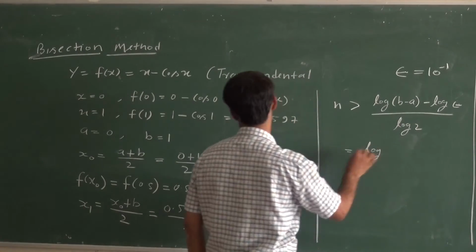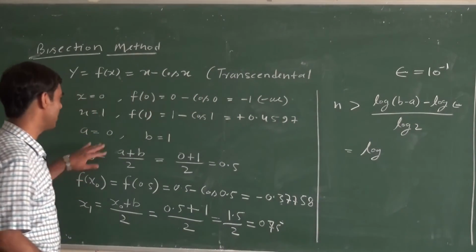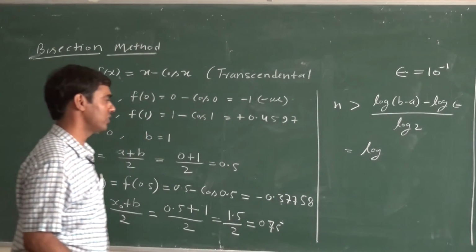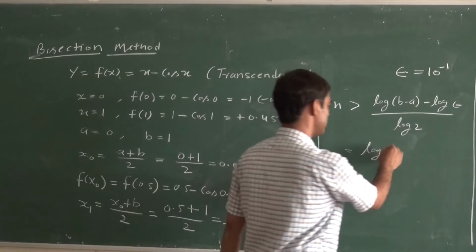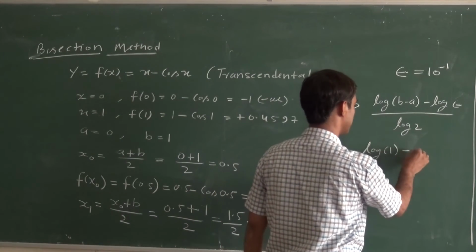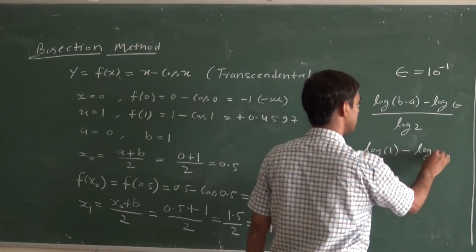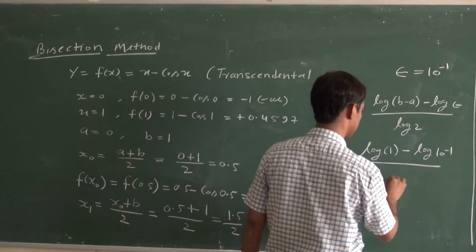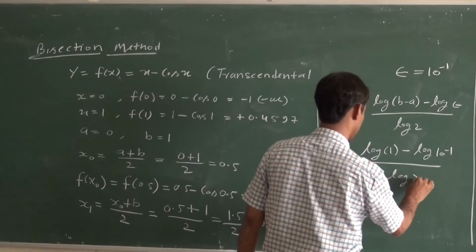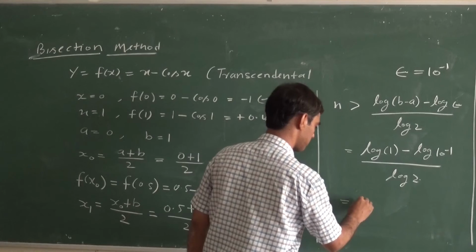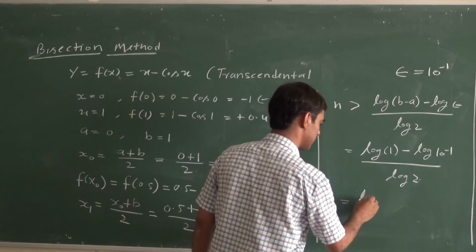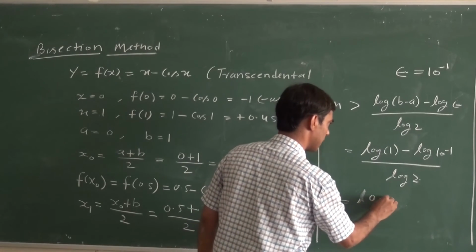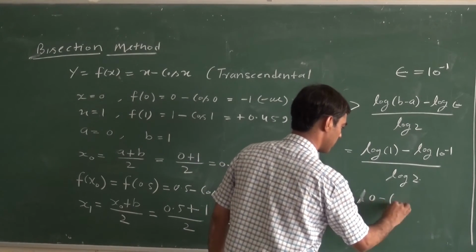What are the values of a and b here? The values of a and b are 0 and 1. The difference of these two is 1, so log 1 minus log 10 to the power minus 1, divided by log 2. Now the value for this is 0 minus (minus 1).